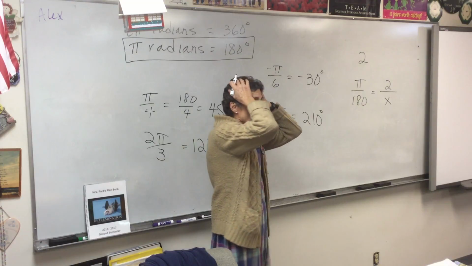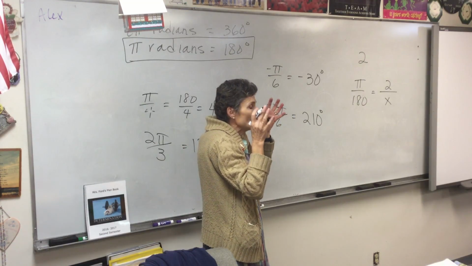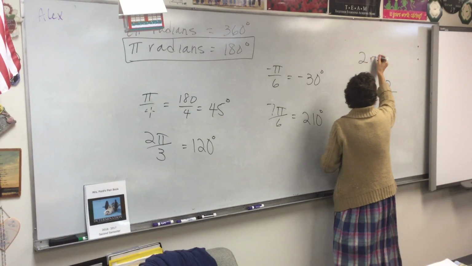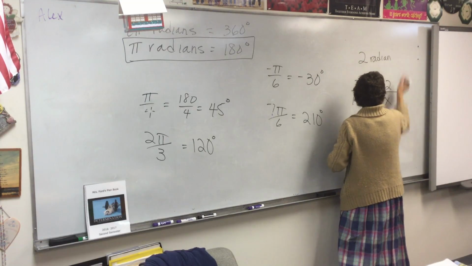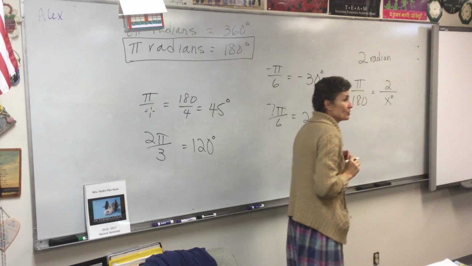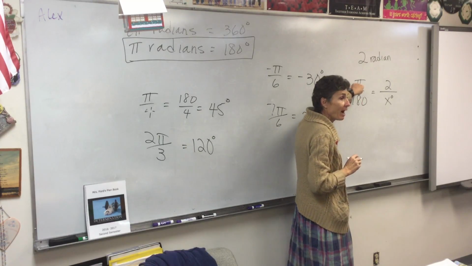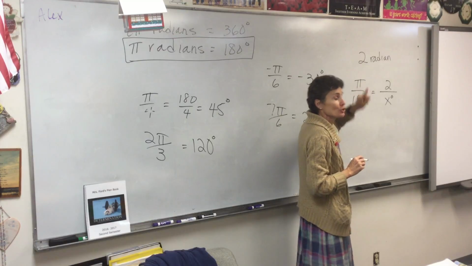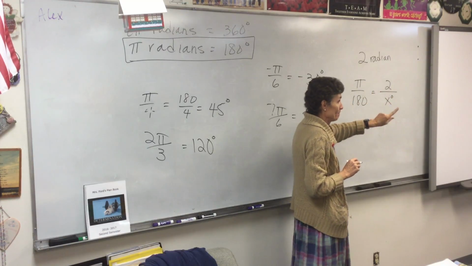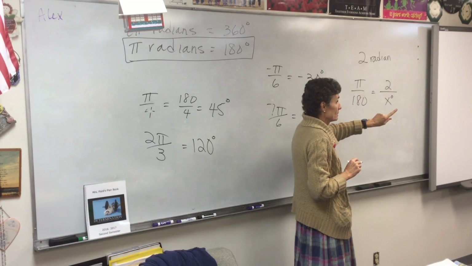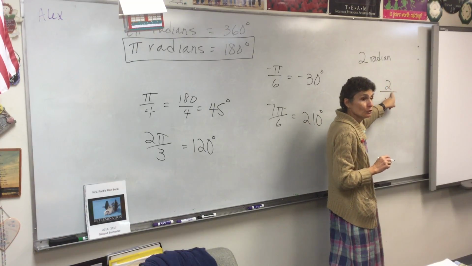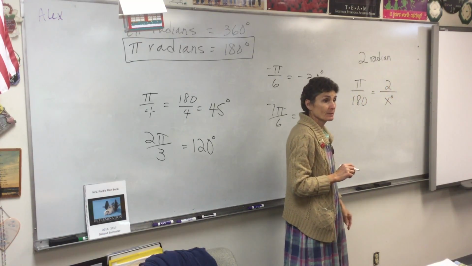Now, oh, Mrs. Ford, why did you put the 2 in the top? Because the 2 is the radian measure, and I am trying to figure out the degree measure. Pi radians, 180 degrees. Degrees go in the bottom. So pi over 180 equals 2 over x.